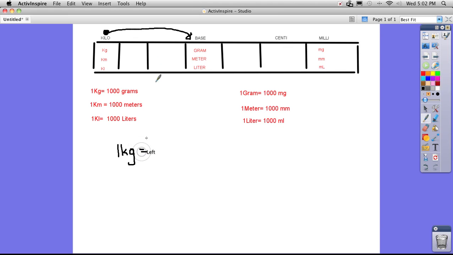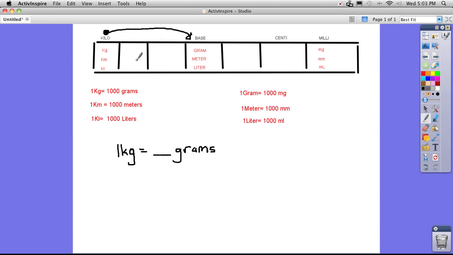1 kilogram, how many steps did we take to get to our base, which is what we're asked? Like, how many grams is in a kilogram? So we start here, we're at 1 kilogram, and I want to know how many grams that is, okay? Yeah, that says grams. So here's how you do it. How many steps are we taking? Well, let's count them.